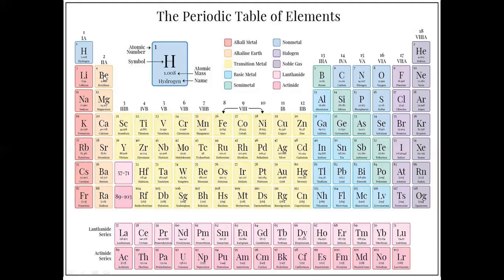By losing, they become cations. Here, all these metals lose their electrons, whereas non-metals, this side, gain electrons and become anions. An atom, by losing or gaining, becomes a cation or an anion.